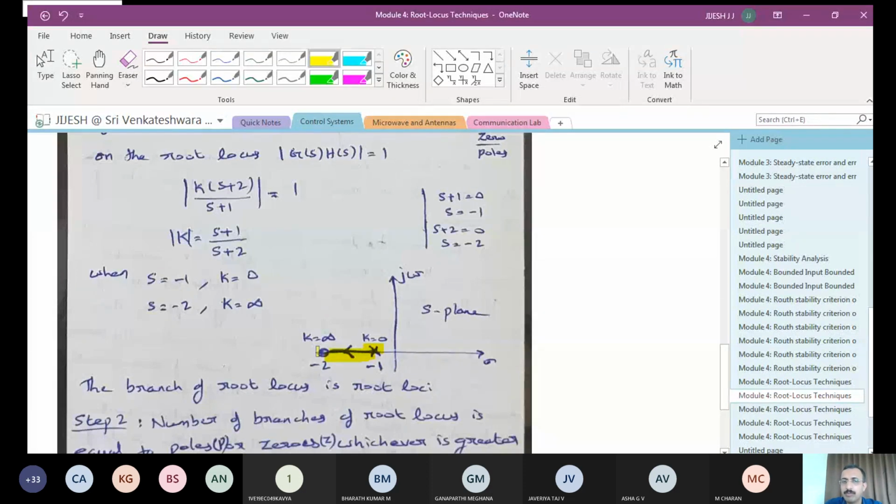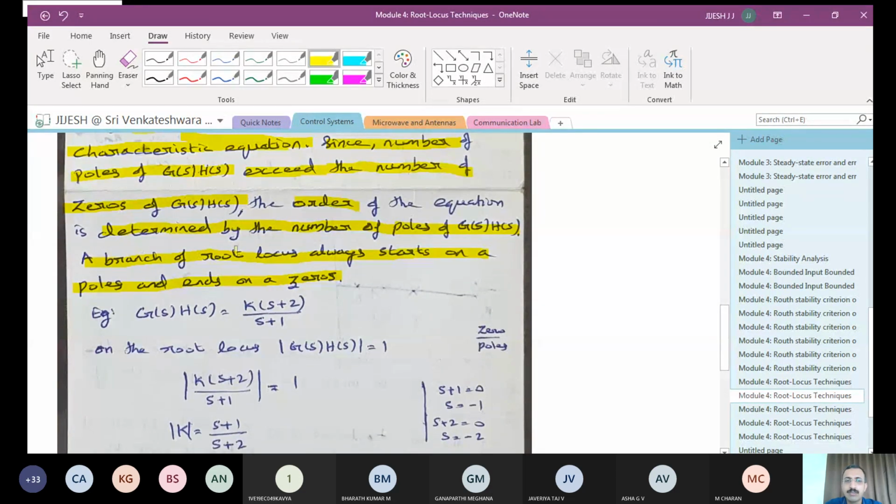When we do the problem, it will be much clearer for you. So first our responsibility is to find out the poles and zeros. We will find them, then mark the pole. So I have marked the pole, and when I draw the branch, this branch has to start from the pole towards the zero. That is this condition.